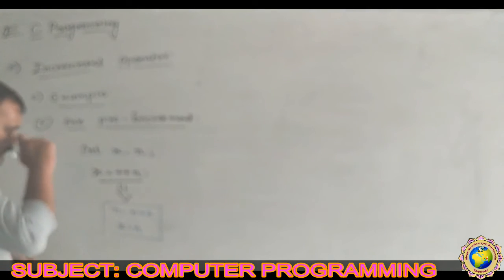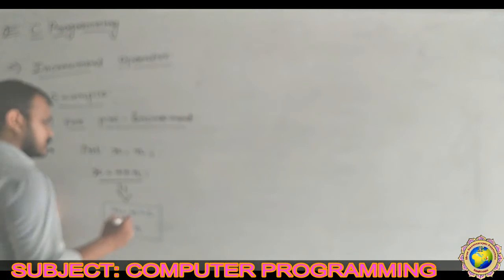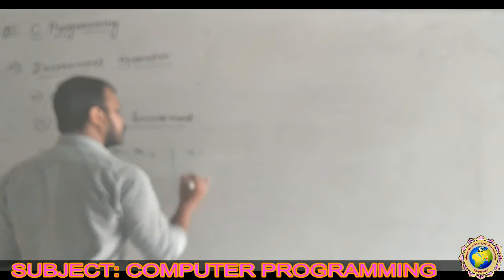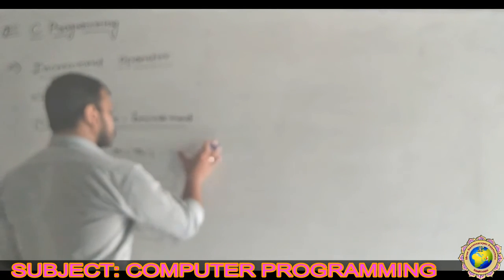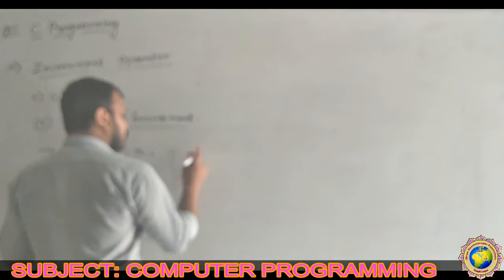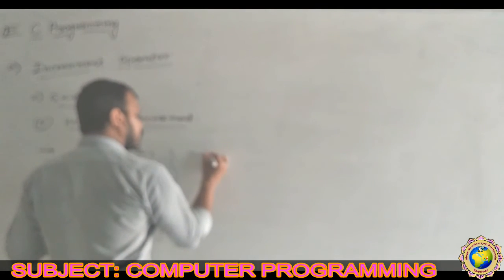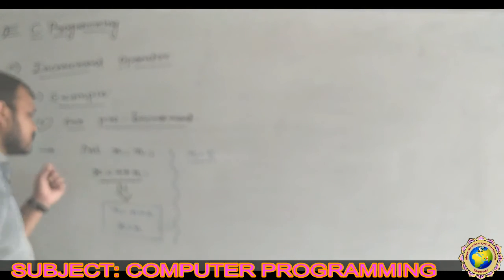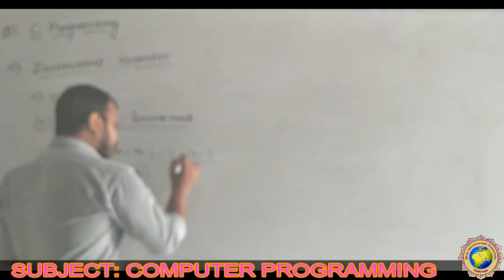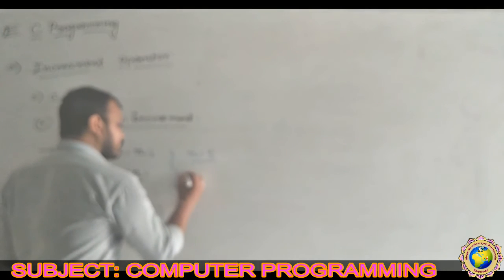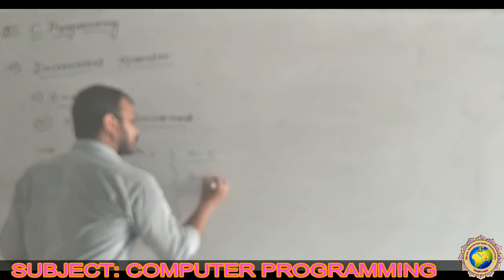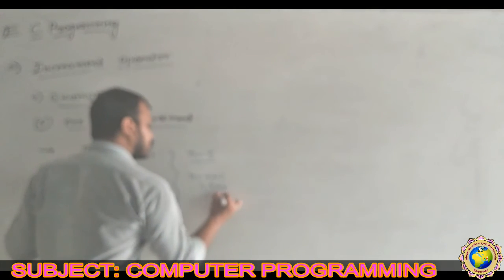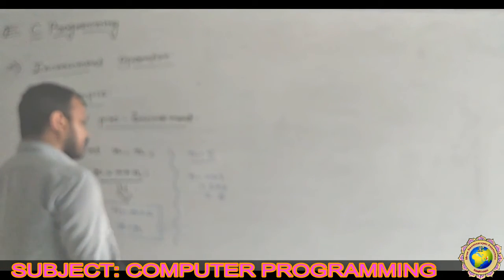If I take n is equal to 5, then according to this, first n is equal to n plus 1, which is 5 plus 1, which is 6.